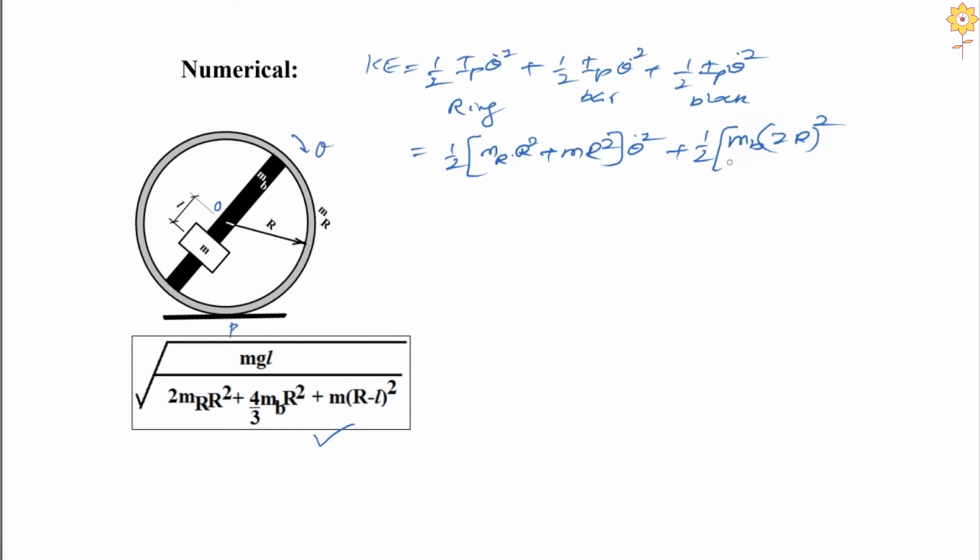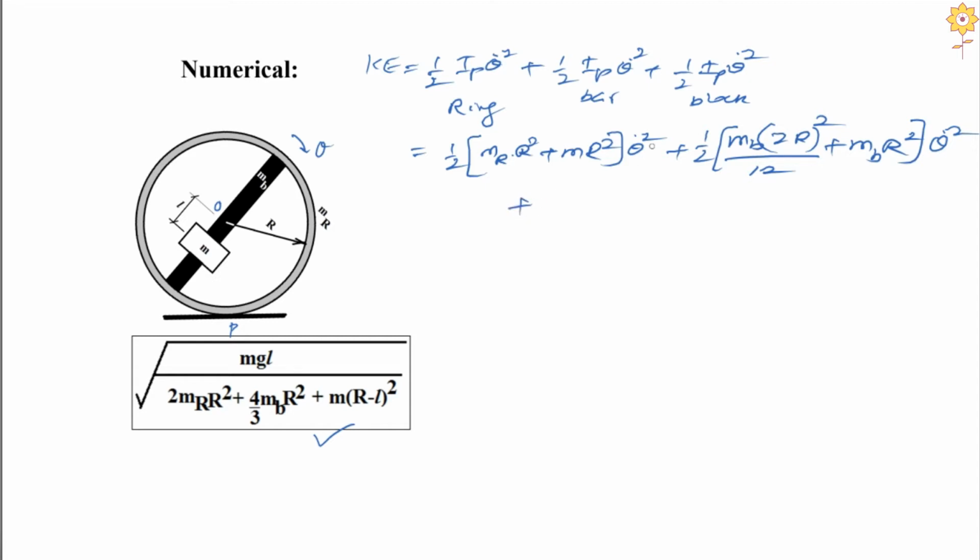So mass into length squared divided by 12, fine. That is about its center of gravity axis, that is the O axis here, and I want to transfer the moment of inertia. So plus mass of the bar into the distance between the CG of the bar and the contact point, squared, which again is R here, and square of this into theta dot squared, right?